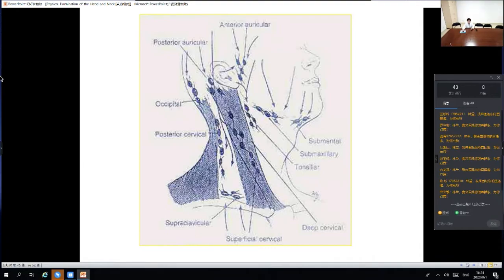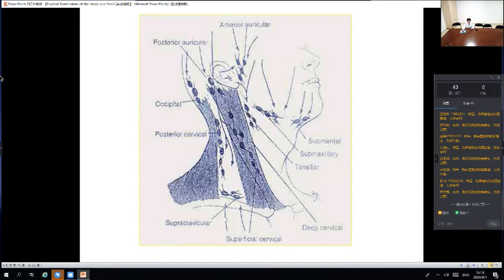Like if these groups of lymph nodes are enlarged, this is the draining lymph nodes from the tonsils. If the patient has inflammation of the tonsils, then these groups of lymph nodes may be enlarged and maybe have some pain in this region. Okay, and there are also some lymph nodes behind the sternocleidomastoid muscle, which is called the deep cervical area.